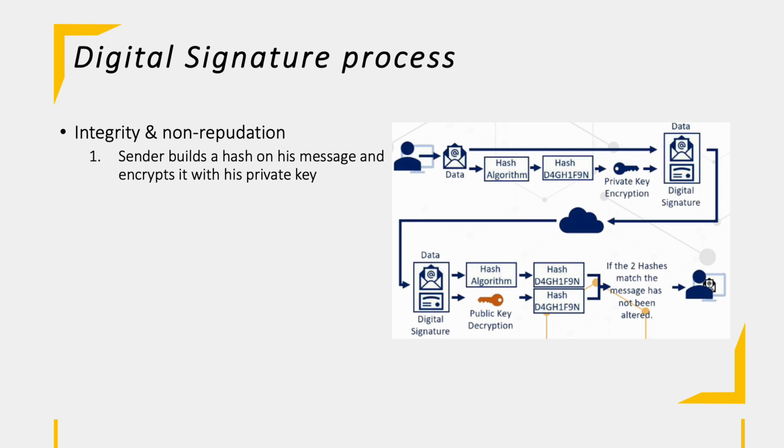So when you look at the graph on the right-hand side, the sender has data, will run a hash on the data, and based on the private key encryption, will end up with a digital signature. So you have data here, it's the same icon again, and this one is a digital signature derived from the hash and the private key.